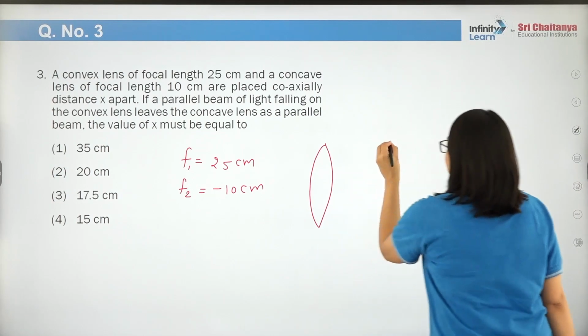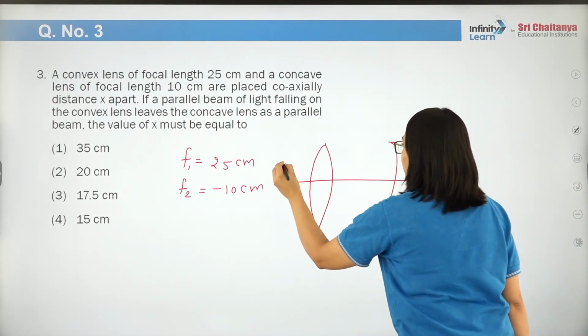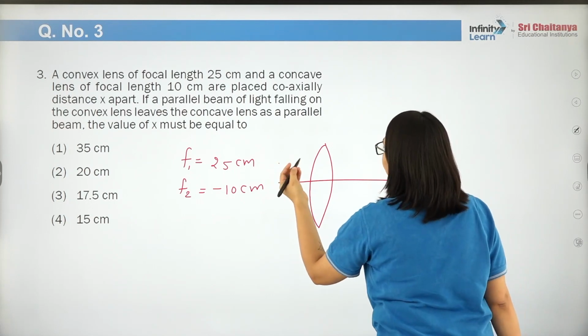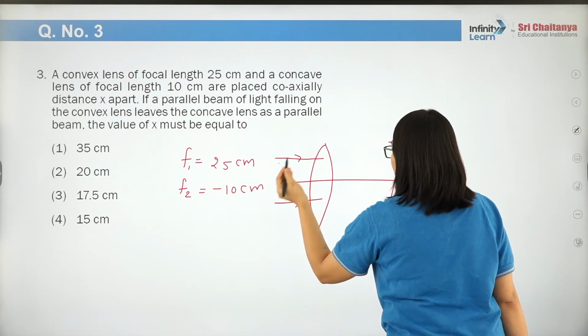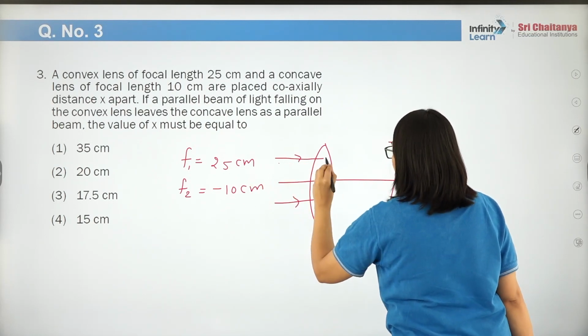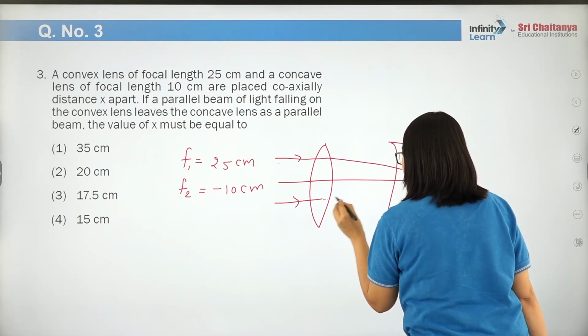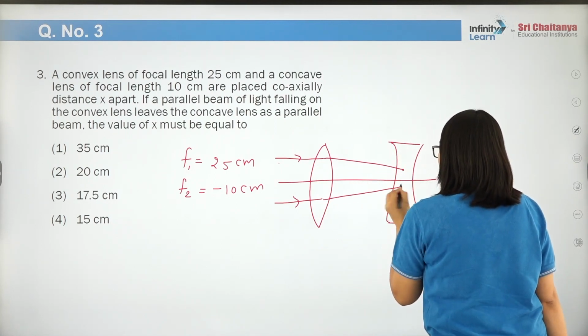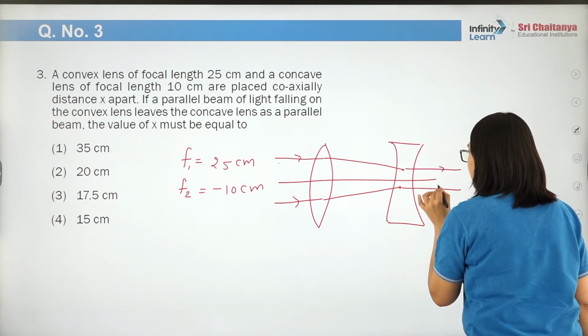So this is the convex lens, this is the concave lens, coaxial, right, and a parallel beam of light coming from some infinite object will try to converge at the focus like this, but the concave lens will make it parallel again.